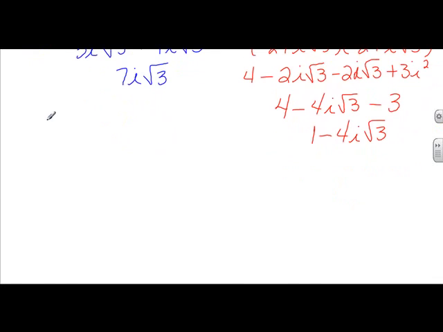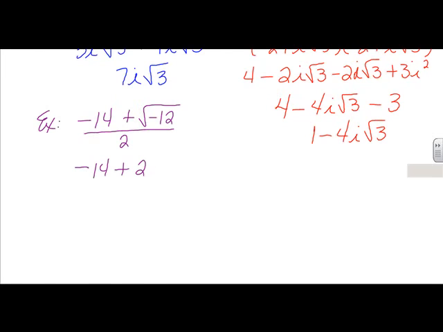Same thing in this last example. We want to simplify the square roots before we even think about doing anything else. So we've got negative 14 plus the square root of negative 12, over 2. I'm thinking of negative 12 as negative 4 times 3.